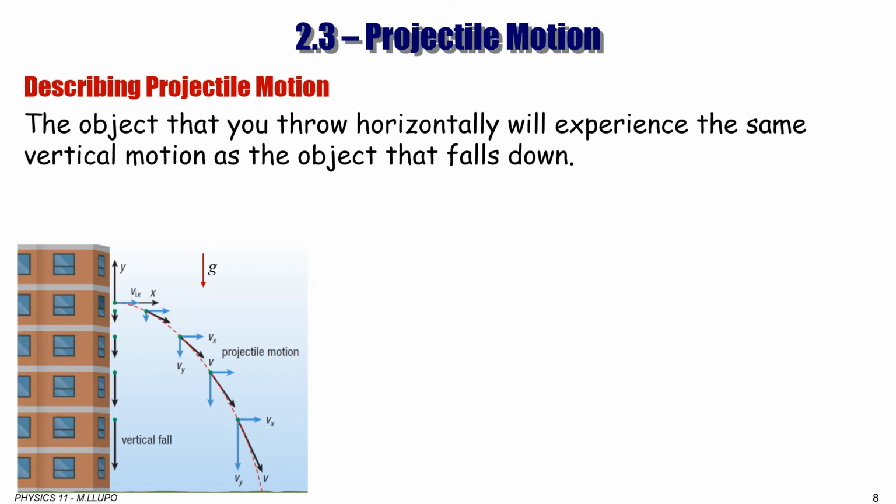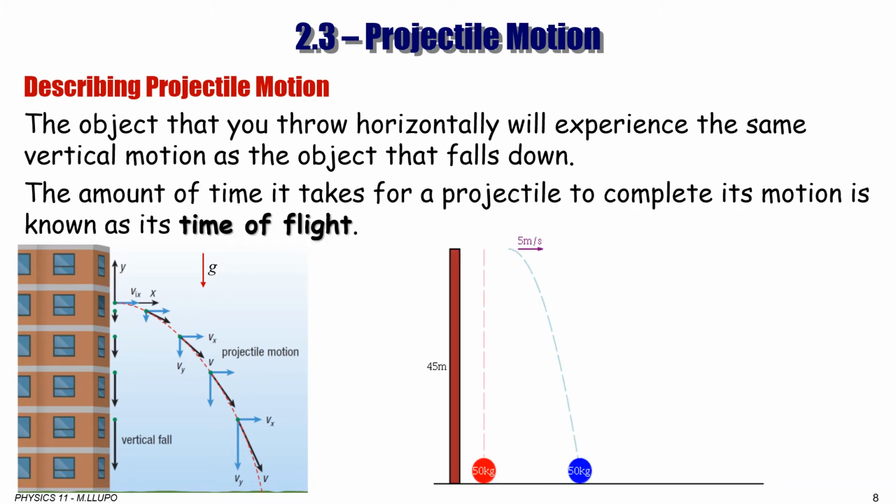So the object that you throw horizontally will experience the same vertical motion as the object that falls down in a free fall. Amount of time it takes for a projectile to complete its motion is known as the time of flight, and it is exactly the same for a free fall and for projectile motion.